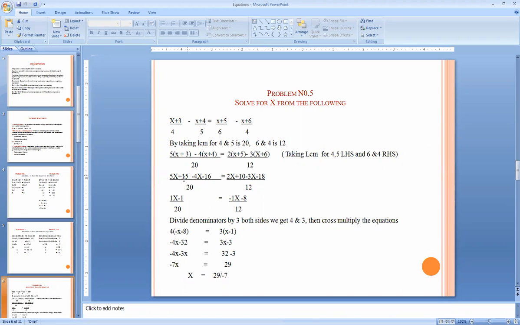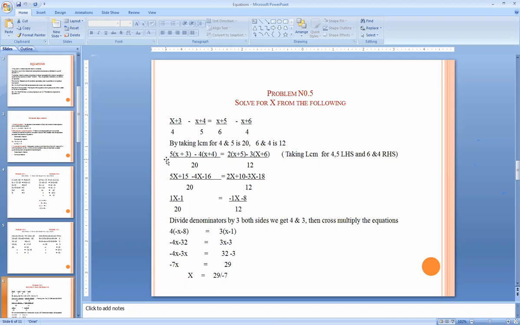Then we'll go to the next step, because in the third step the brackets should be removed. Now see here, the bracket, 5 with x plus 3. Now if you multiply, the bracket gets opened. Then 5 into x.